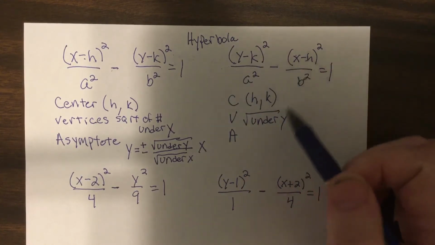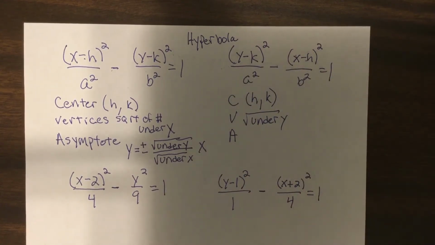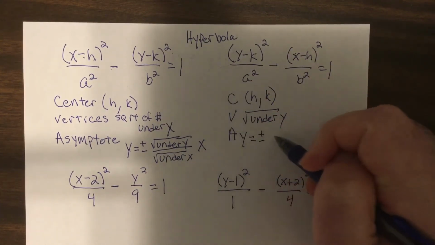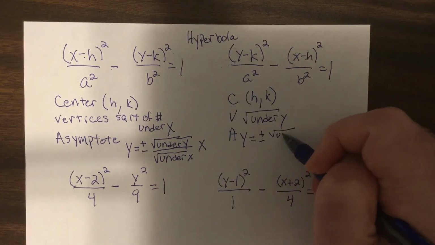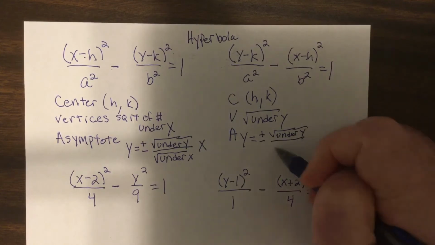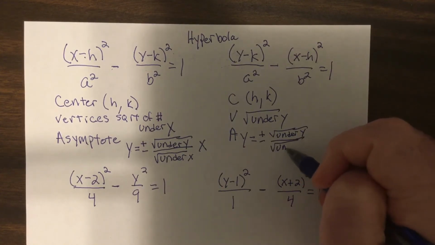The minus goes with the X. It's kind of like a voided area because of that minus. Then the asymptote is still Y equals plus or minus the square root of the number under Y divided by the square root of the number under X.